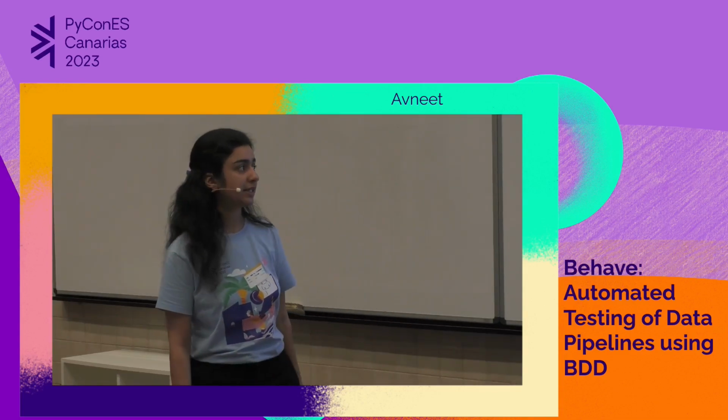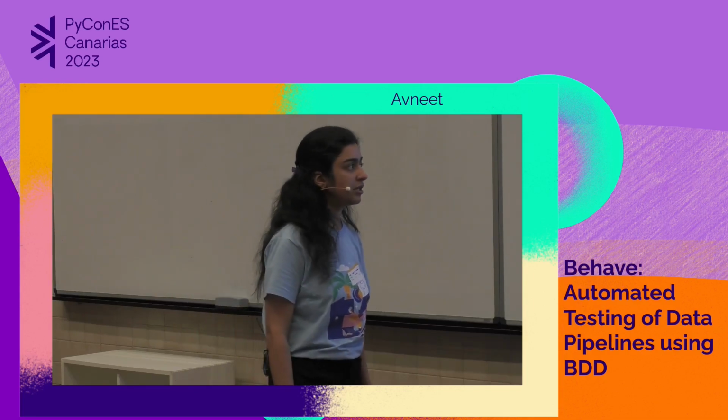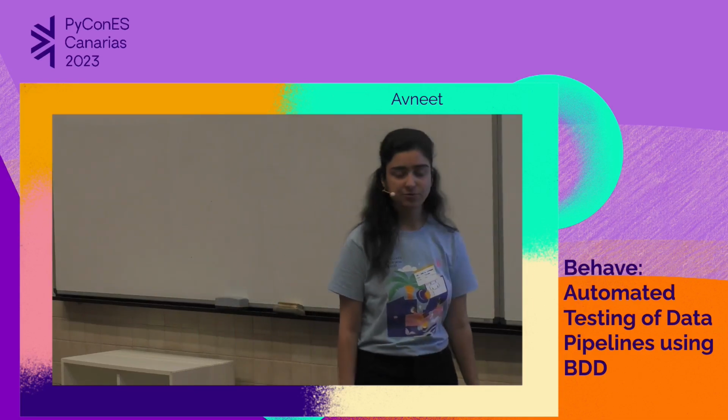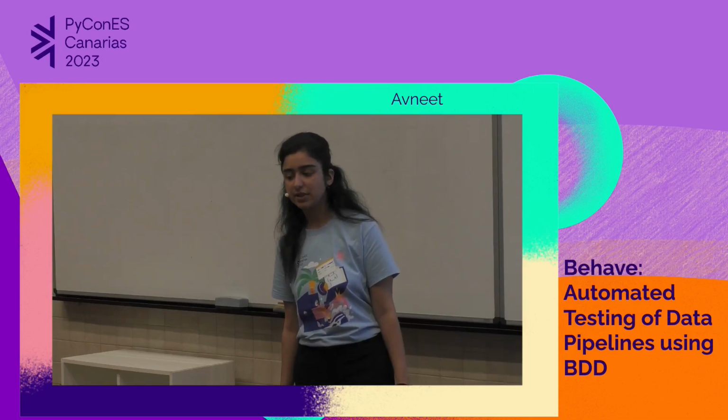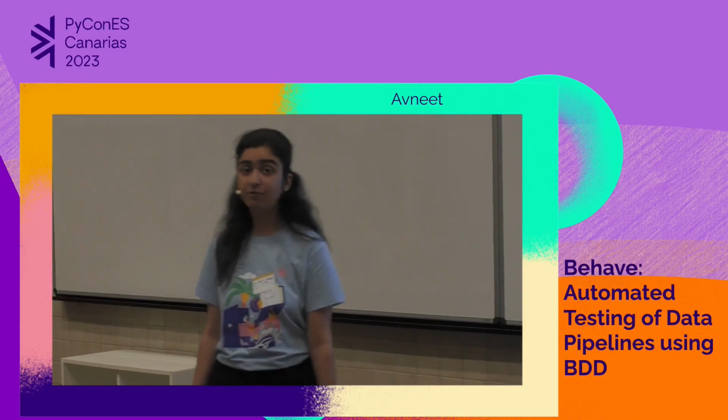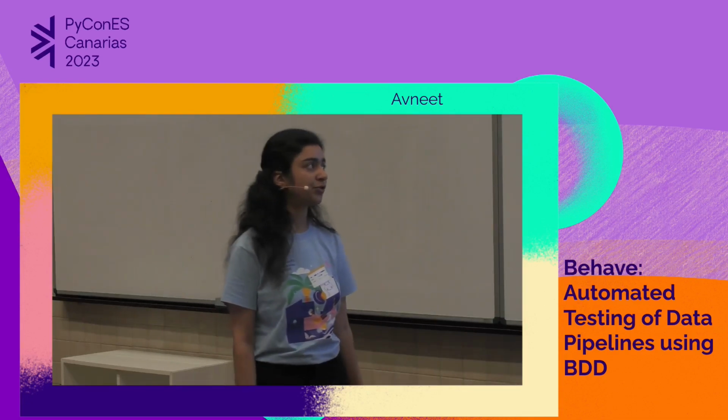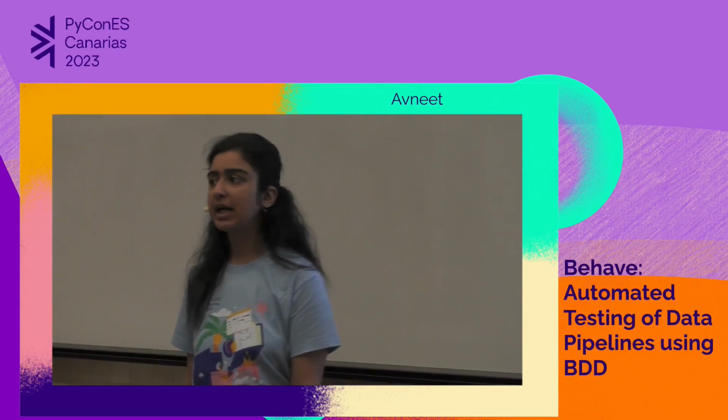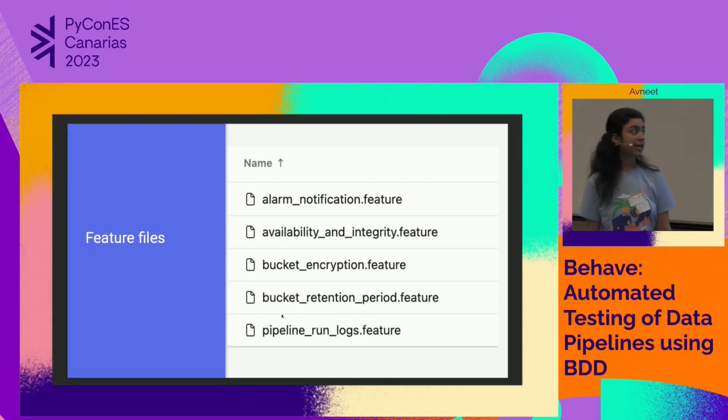So the first thing that we do, as I mentioned earlier, is defining our feature files. Some of the features that we want our data pipeline to have are an alarm notification, an availability and integrity feature, a bucket encryption feature, a bucket retention period, and pipeline run logs.